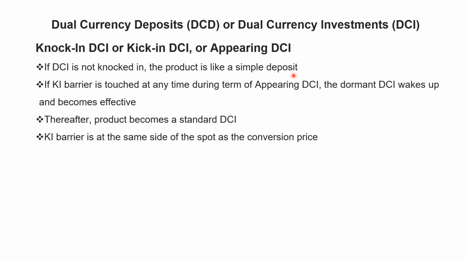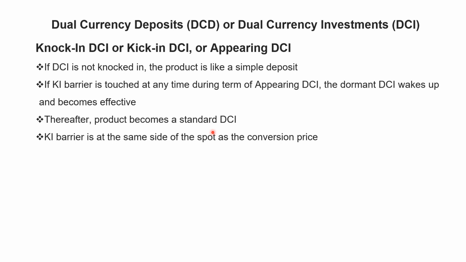That is, if the KI barrier is never touched during the life of the product, it is like a simple deposit, irrespective of whether the spot price on maturity is below or above the conversion price. On the other hand, if the KI barrier is touched at any time during the life of the appearing DCI, the dormant DCI wakes up and becomes effective. Thereafter, the product becomes a standard dual currency investment. We have already discussed the details of how standard DCIs work in the previous videos.